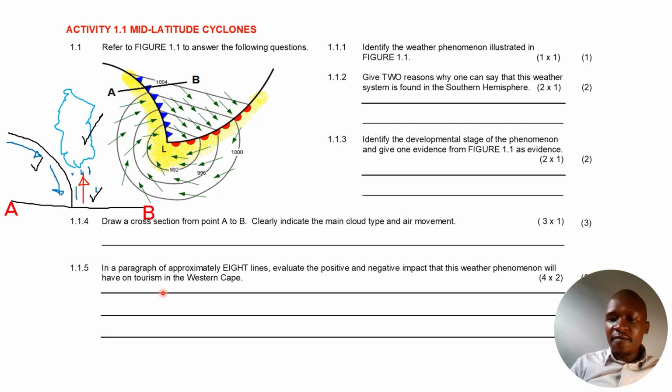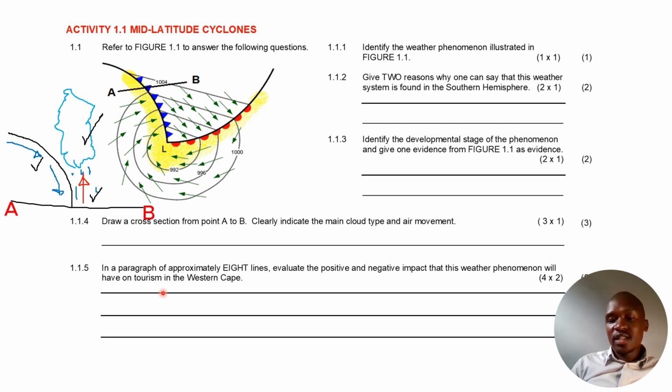Floods can affect sightseeing. Remember, when tourists come to a country, they want to see the area, right? So floods can affect sightseeing. Heavy rainfall can lead to rock falls, which can be very dangerous, right? There's multiple negative impacts we can think about. Now, if there's heavy rainfall, it means rocks will be slippery, right?